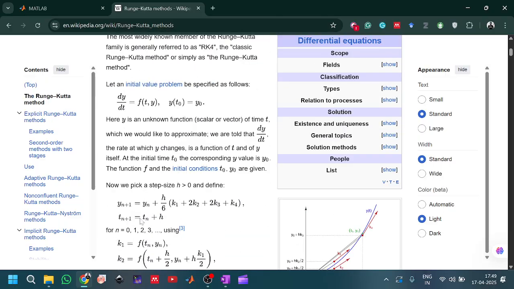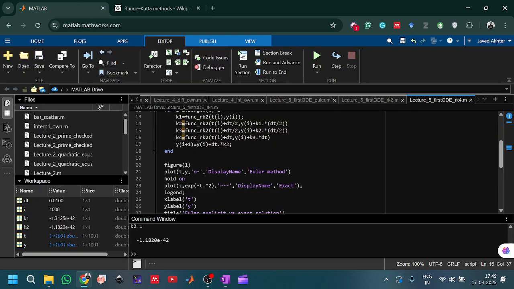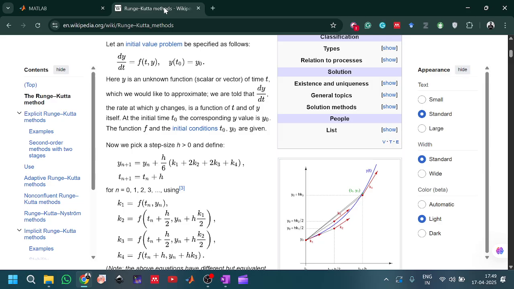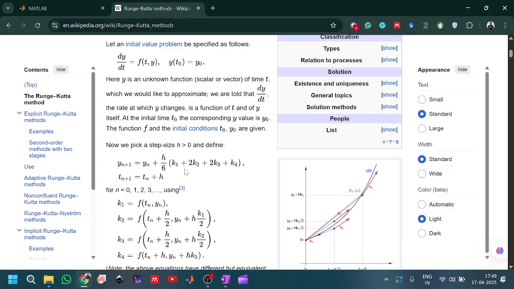So what is the final form now? Yeah, so this is the final form. So yn plus 1 equal to yn. So let me update it. So tn plus 1 is tn plus 1, so that is fine. And this is h by 6, and here you will have k1 plus 2k2 plus 2k3 plus k4.